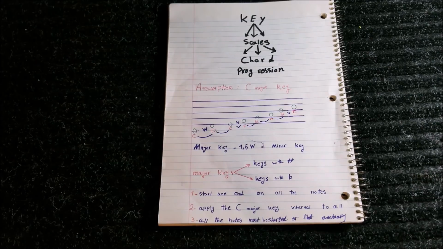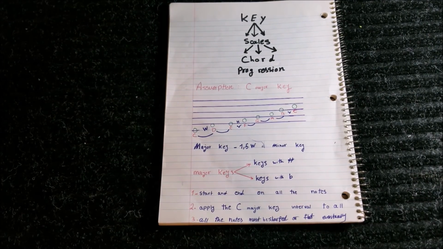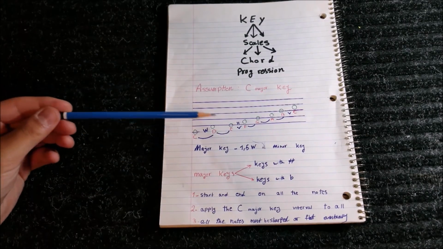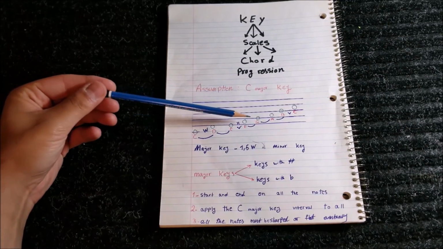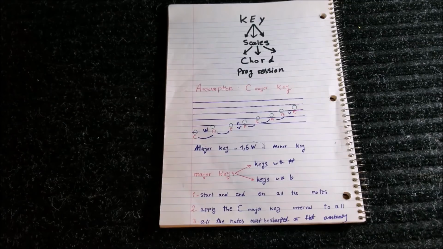It's the simplest key, and it gives us the ability to take out the interval that we're looking for. So what is the interval that we're looking for? The interval is whole, whole, half, whole, whole, whole, half. We're going to use that interval to create different keys.